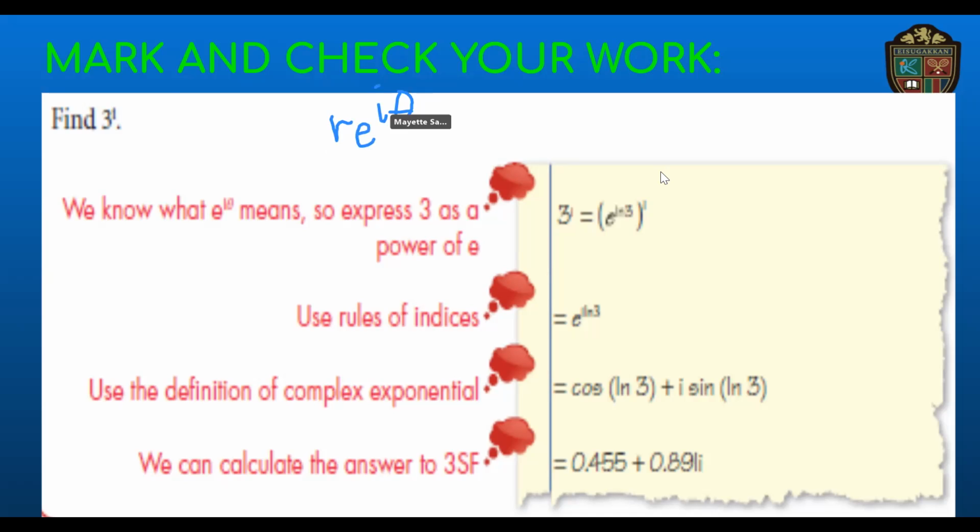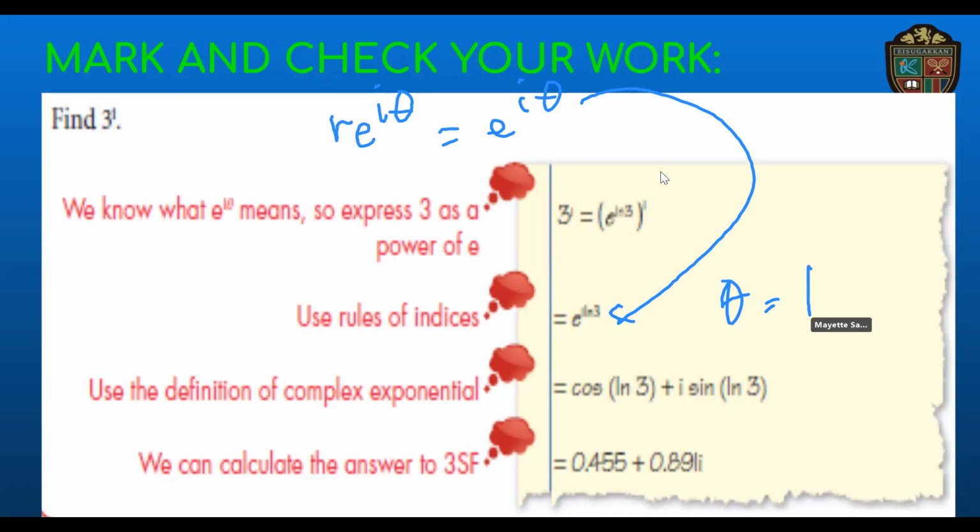So in this case, your θ is ln 3. That's why we have cosine ln 3 plus i sine of ln 3.